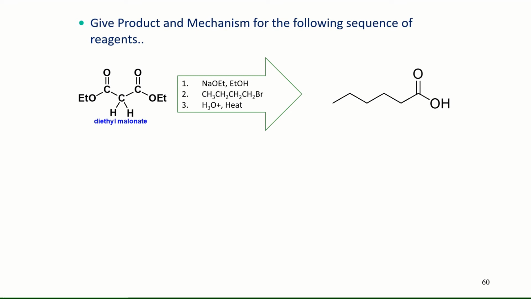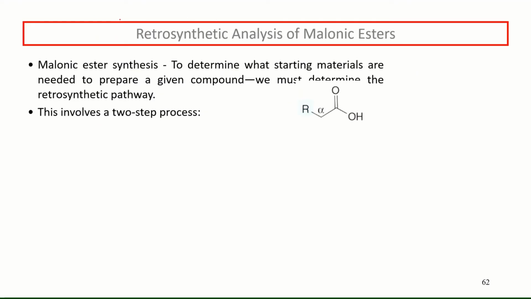So I can ask you to give me the product and mechanism for the following sequence of reagents, and please do that for us, and then we can talk about it during our discussions. The retrosynthesis of the malonic esters is quite simple.